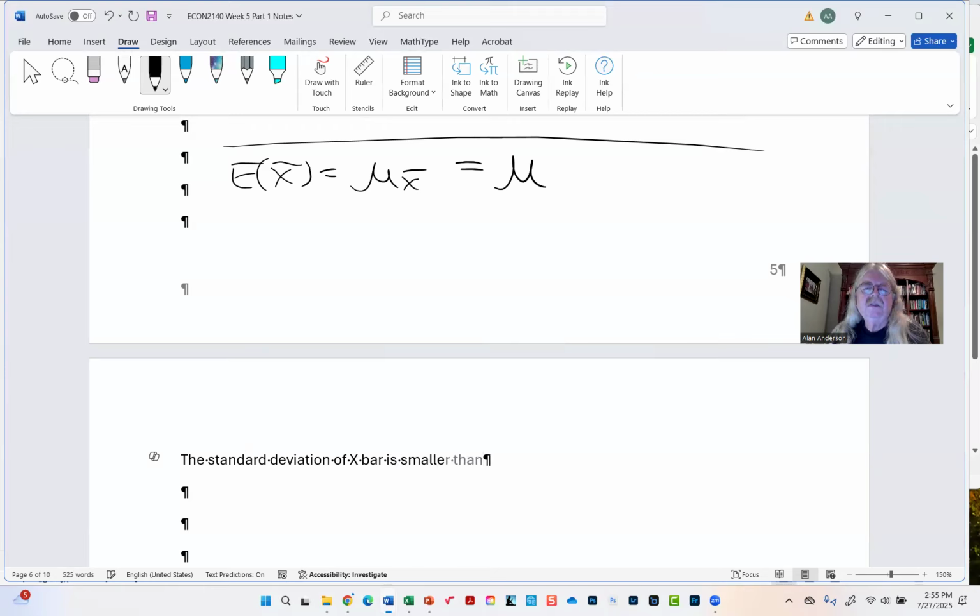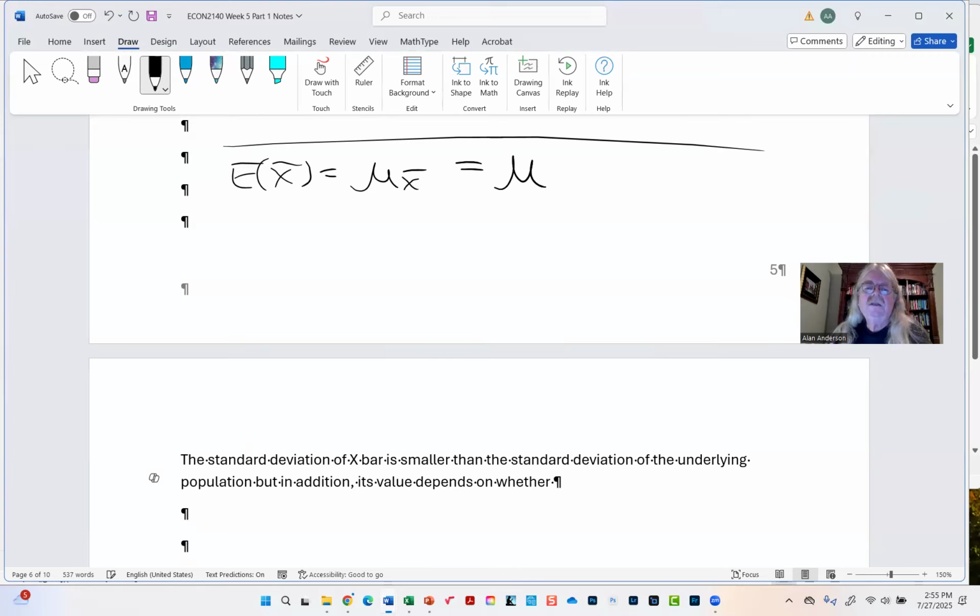So we'll focus our attention on that. It is smaller than the standard deviation of the underlying population that's already been discussed. But in addition, its value depends on whether the sample is small or large.